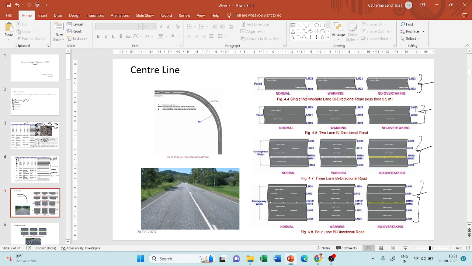So first thing that you should notice is, this is a single lane, it can be a single lane or even an intermediate lane. So what is an intermediate lane? An intermediate lane is a lane of width 5.5 meters. Okay, so even if it is a single lane or an intermediate lane, you cannot provide a center line, right?